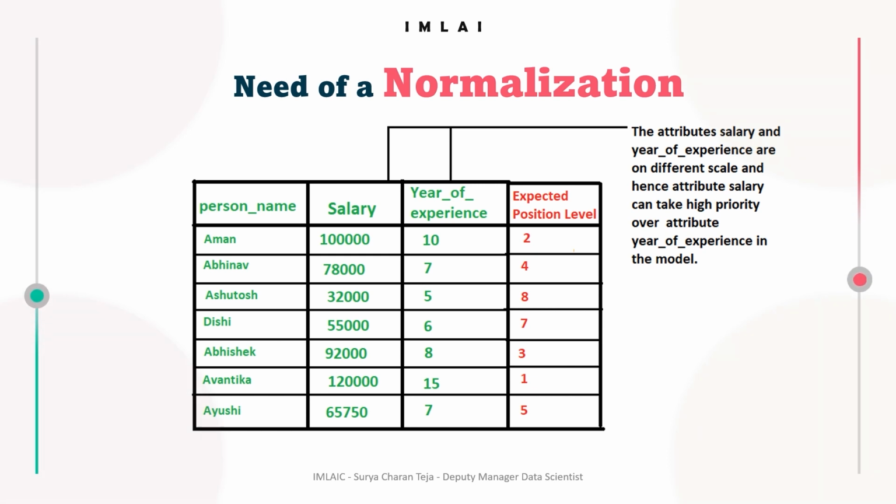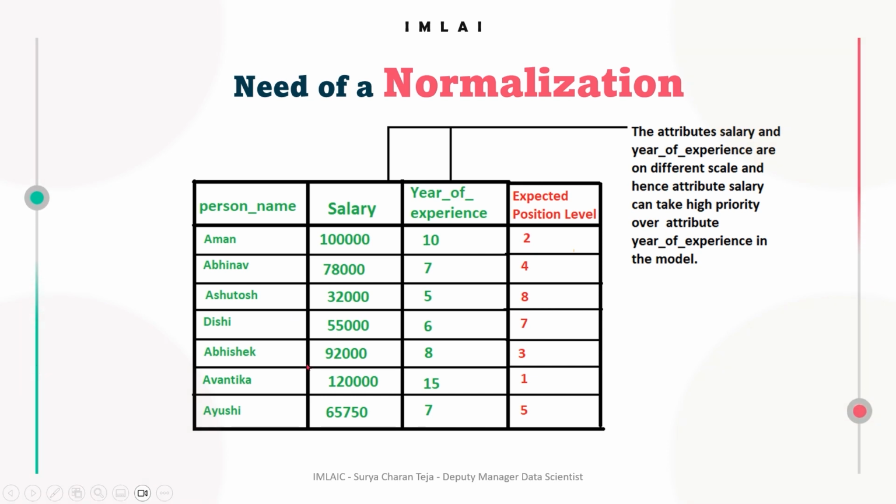In simple words, when multiple attributes have values on different scales, this may lead to poor models while performing data mining operations or machine learning algorithms. So they are normalized to bring all the attributes to the same scale.